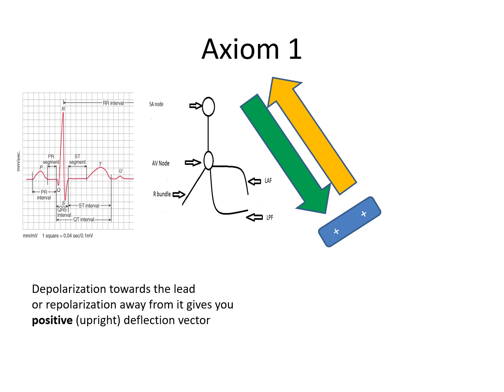So it has an opposite electrical sign. Because it has the opposite electrical sign, repolarization will create a positive deflection in a lead if it's going away from a particular lead.